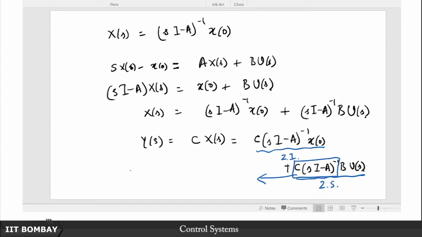You know that multiplication in the Laplace domain is akin to convolution in the time domain, and this part, what is its Laplace inverse? We know that this is nothing but C e to the at, right.